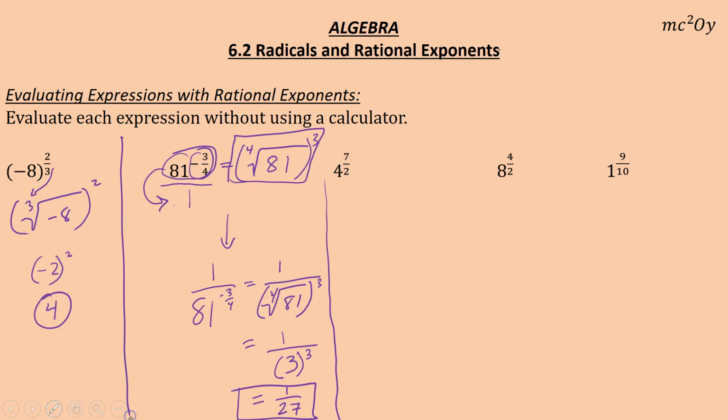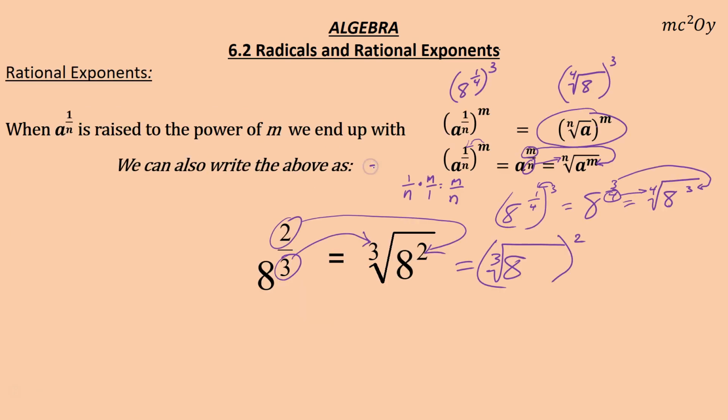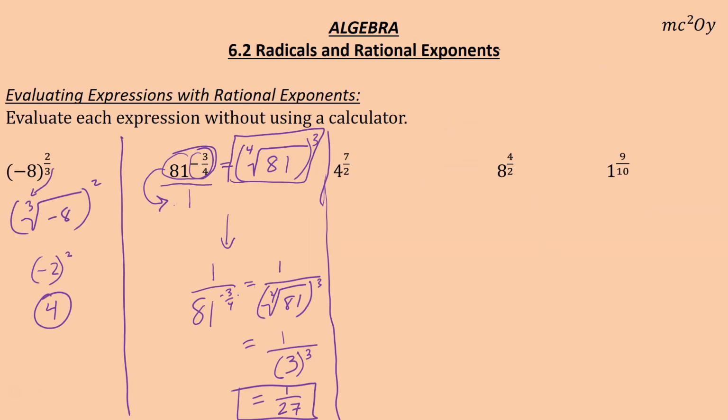Okay, let's separate these with some lines here. Okay. 4 to the 7 halves, well, I'm going to go ahead and write that out. Sorry. So that's going to be equal to the square root of 4 all to the 7th. Notice you could write the square root like that, or you could just not include the 2. Okay, square root of 4 is 2. And that 2 should be to the 7th power. 2 to the 7th.